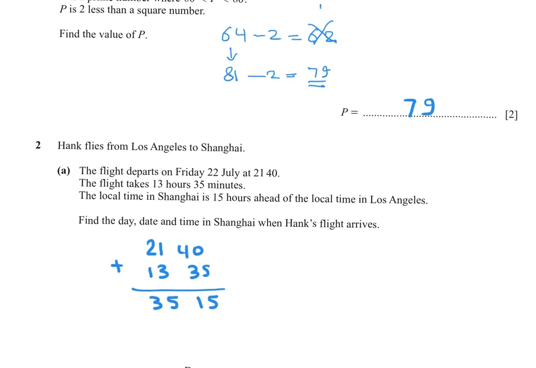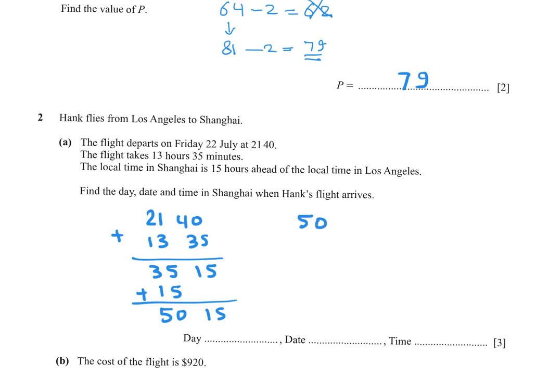Now, because the local time in Shanghai is 15 hours ahead of the local time in Los Angeles, we need to add 15, so now you have 50:15.